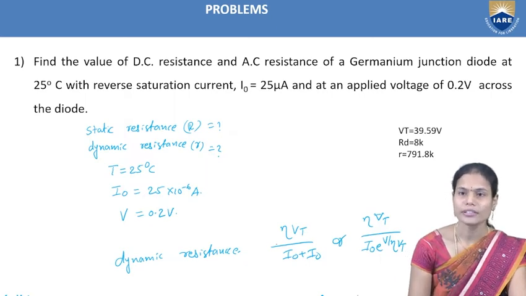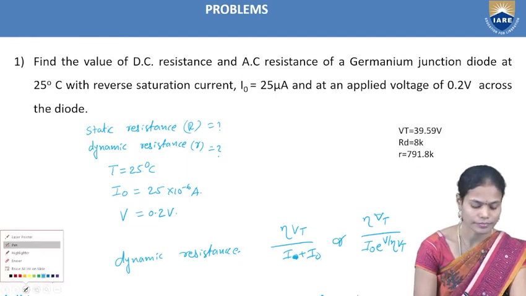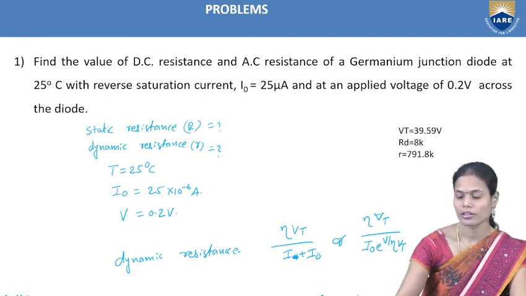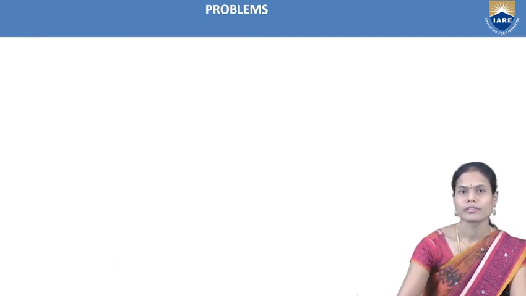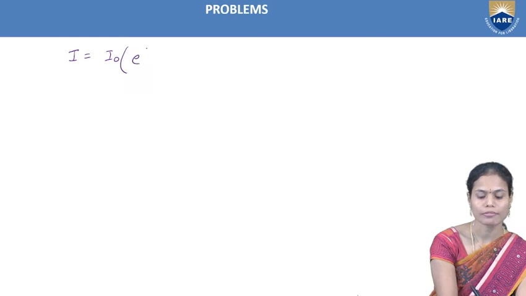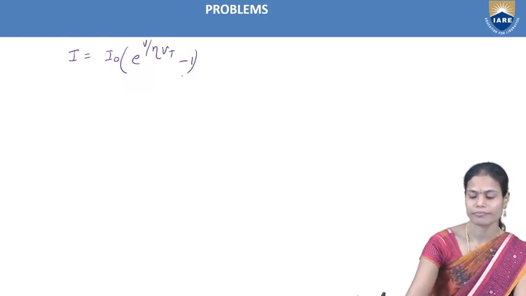To find the dynamic resistance, first of all we have to calculate the current in the circuit. To calculate current, we have the formula I equal to I naught into e power V by eta Vt minus 1.